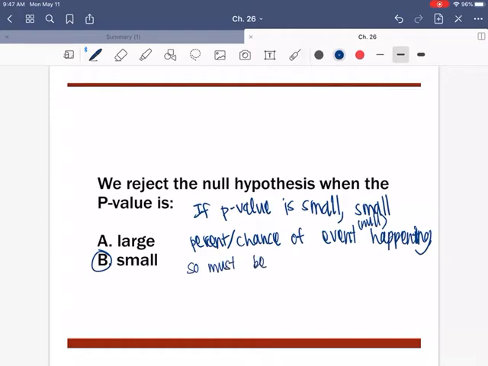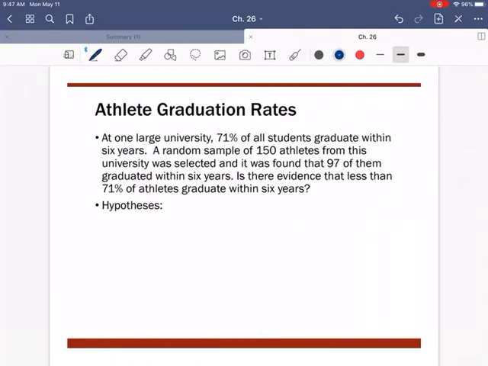And by event, I mean the null. So there must be a problem there. Meaning we reject the null. We say there's something wrong with this null, so we don't believe it.